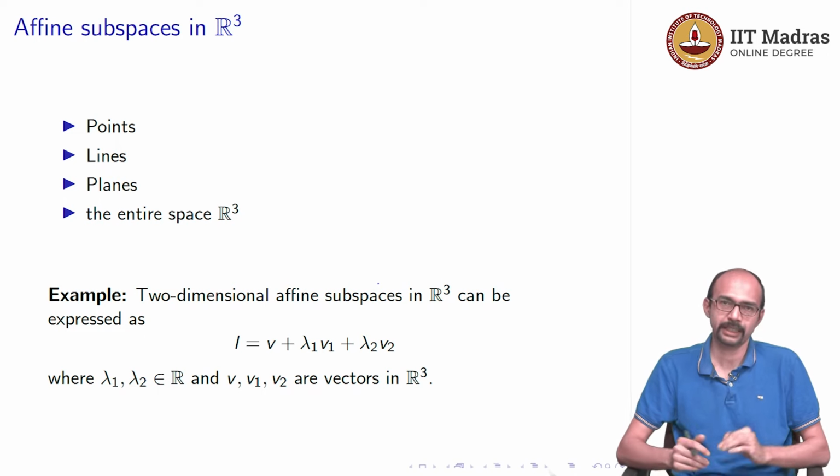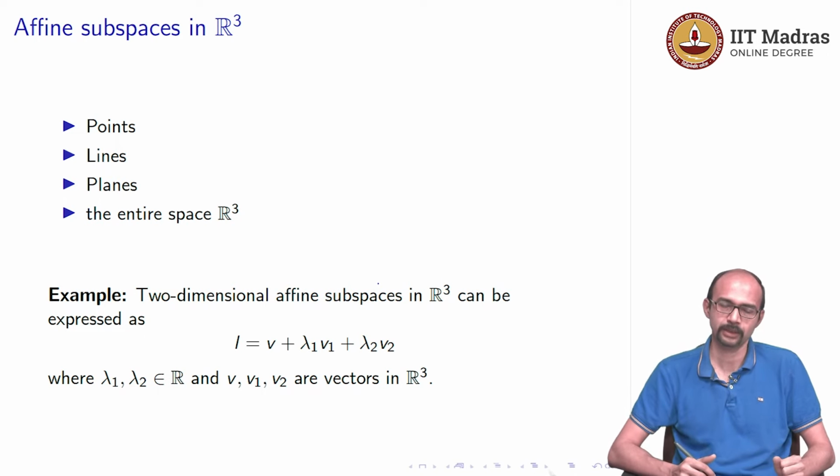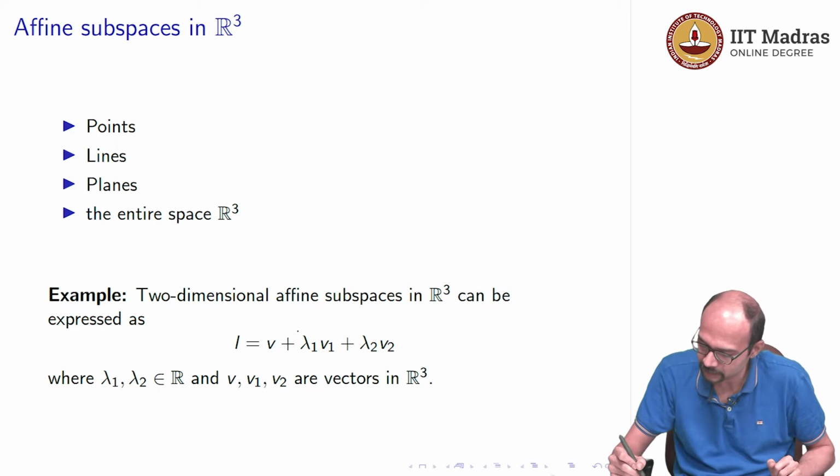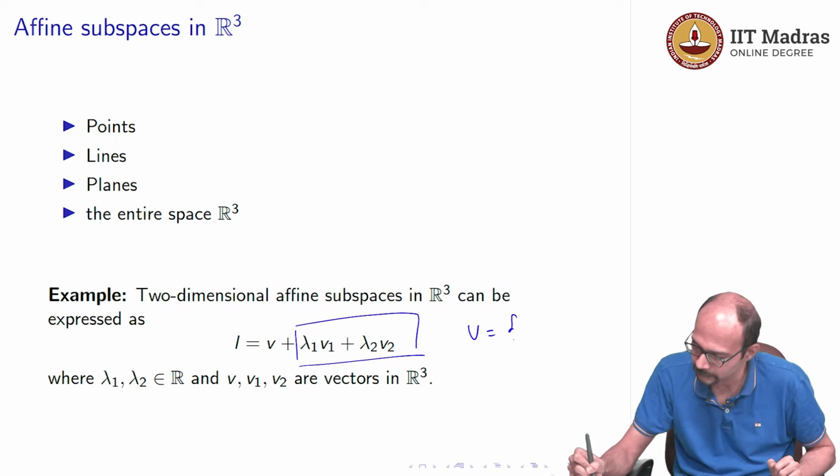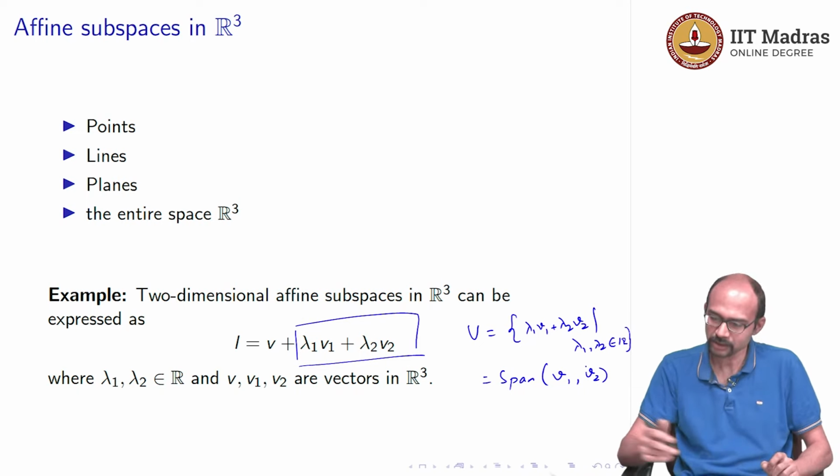So, V is the vector that was used in the definition of L is equal to V plus U, and what is U? U is exactly this part. So, U is equal to lambda 1 V 1 plus lambda 2 V 2. In other words, it is the span of V 1 comma V 2.